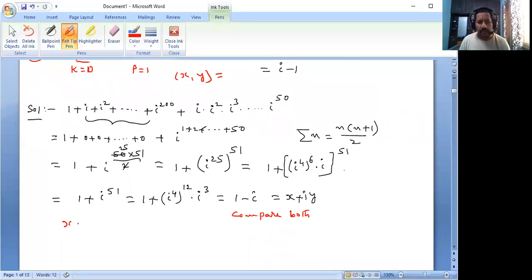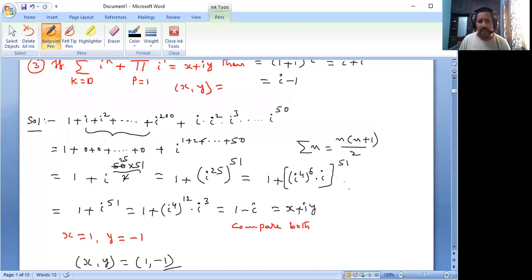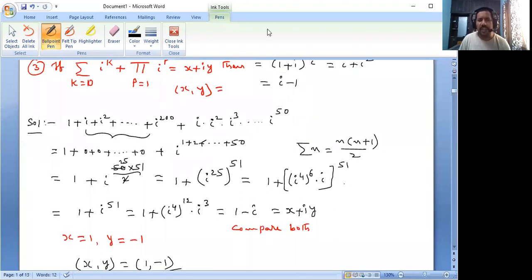The x value is 1. The y value is minus 1. Then what is the answer? The ordered pair x comma y is equal to 1 comma minus 1. This is the answer. This is an important question. Please remember how we are doing the calculation.